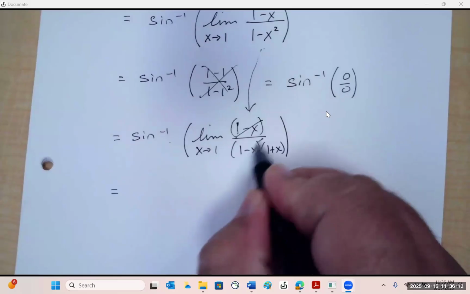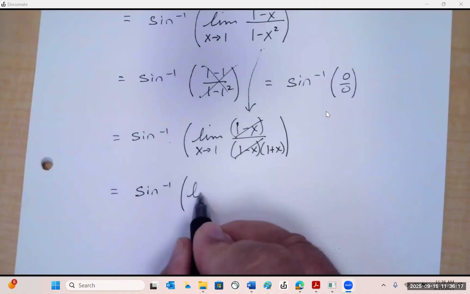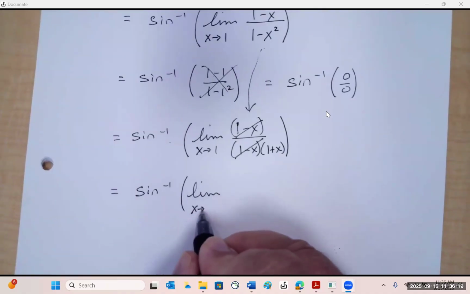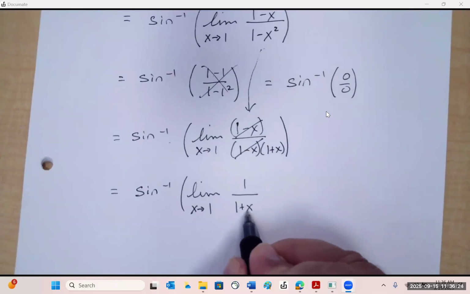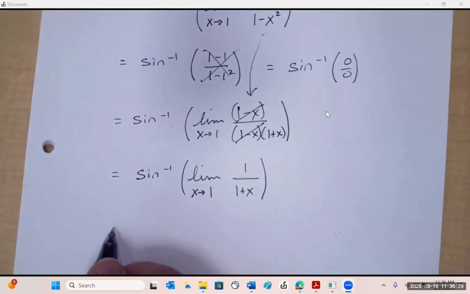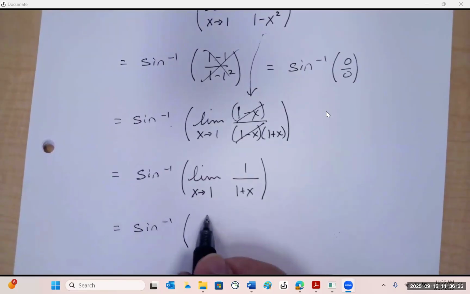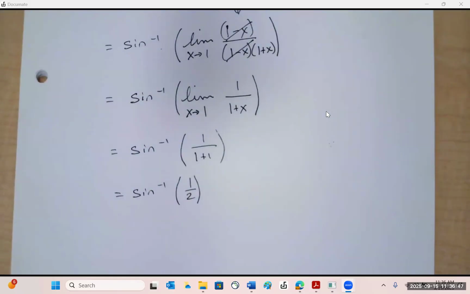The 1 minus x's cancel. Now we plug in 1 for x.